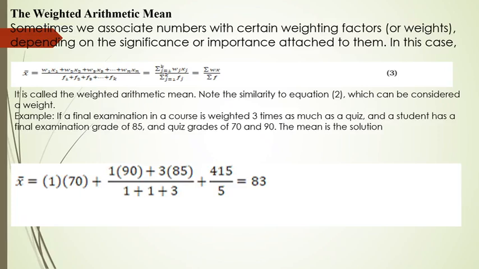So it will now be, we multiply our weight by our observation, weight 1 times observation 1 plus weight 2 times observation 2 plus weight 3 times observation 3 plus weight n times observation n all over weight 1 plus weight 2 plus weight 3 up to weight k. Please take note in that equation 3, over is not F1, F2, F3.